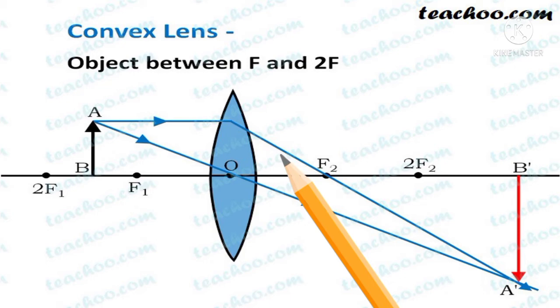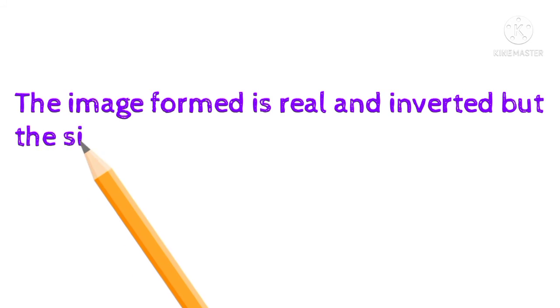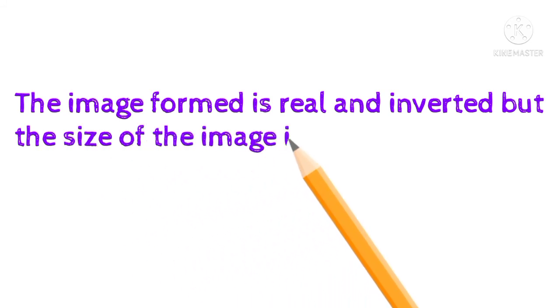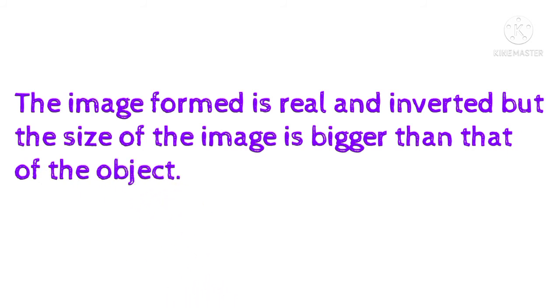In this diagram we can see the object is placed between center of curvature 2F1 and principal focus F1, denoted by the arrow AB, and the image is formed behind the center of curvature 2F2, represented by A dash B dash and the red arrow. In this condition the image formed is real and inverted, but the size of the image is bigger than that of the object.